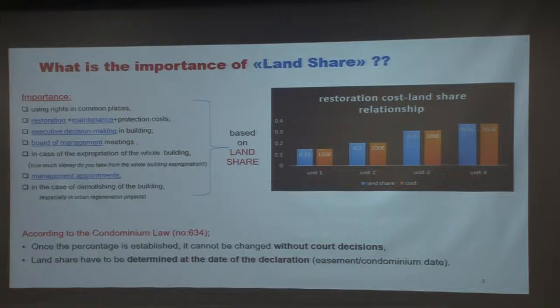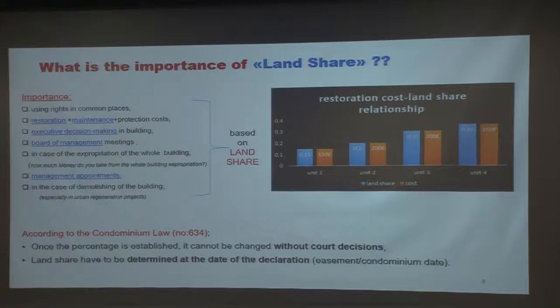And as you can see from the chart, if you have the highest land share in a building, you pay the highest, for example, restoration costs in the building. And once this percentage is established, it cannot be changed without a court decision. It's very hard to change.